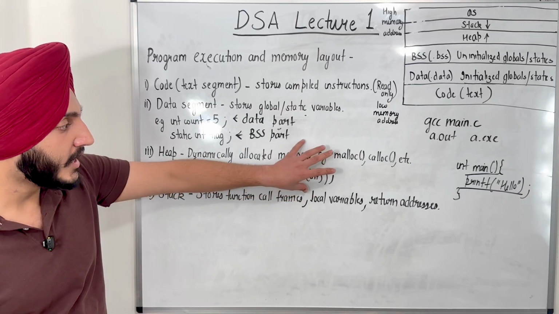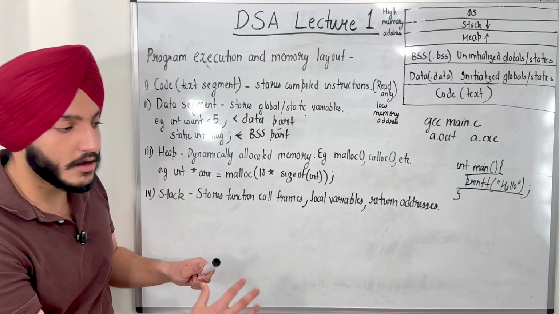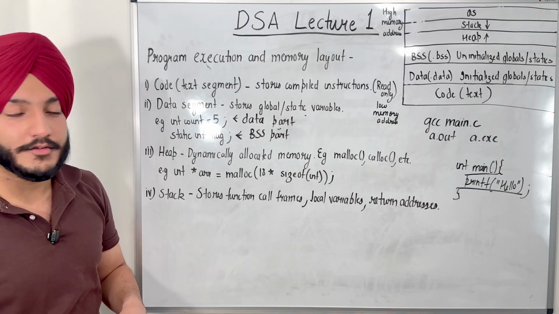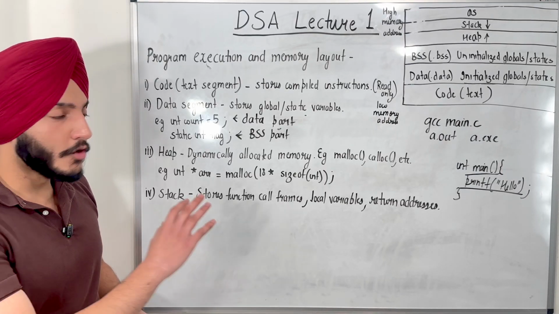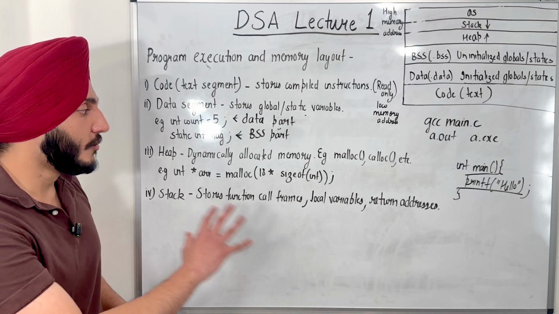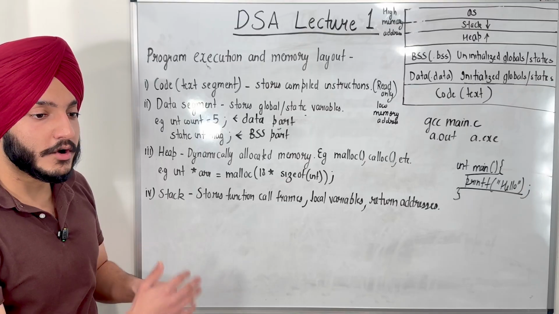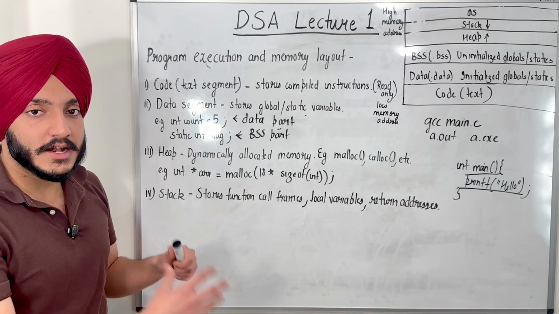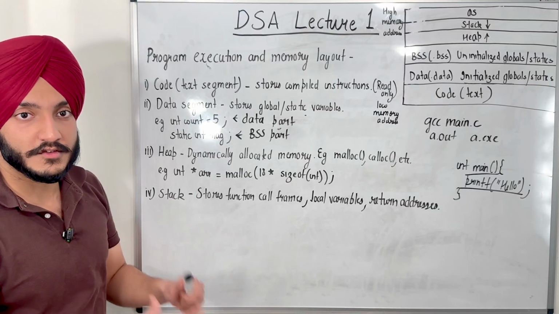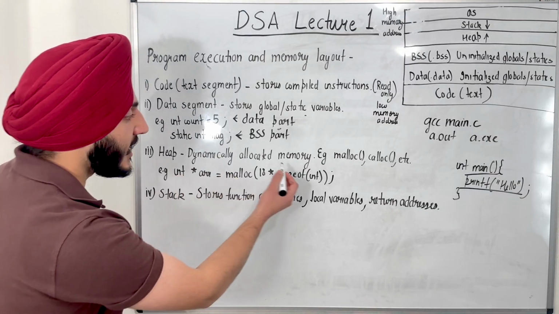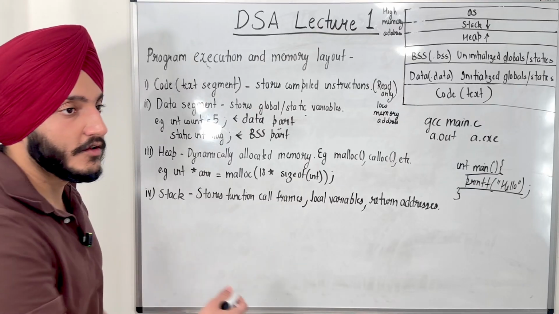Dynamically allocated memory is what gets created during the execution of the code. That's just a very simple definition. I'm not going into too much detail, and don't worry if you don't fully understand this part. Just understand that it's memory that gets created while the code is running. So the heap is where the dynamically allocated memory is actually stored.